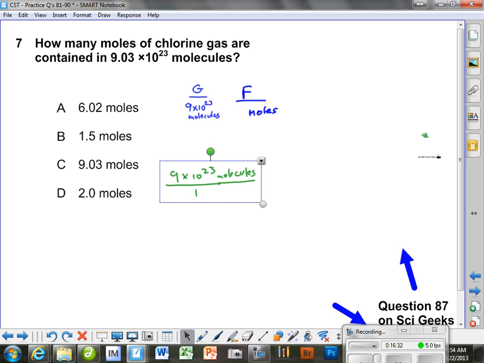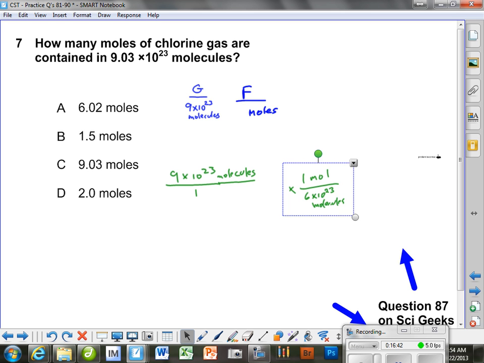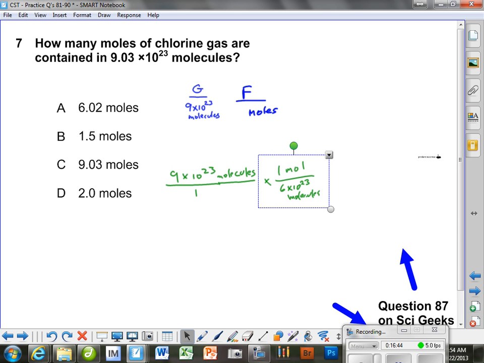Given is molecules, and the next thing is to use the Avogadro number to get us the transition into moles. And since molecules is on the top up here, it has to be on the bottom down here, and the 10 to the 23 will cancel against this 10 to the 23.